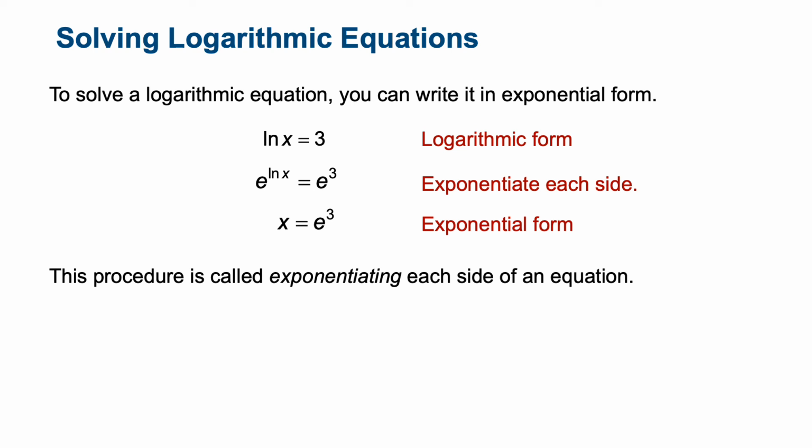You could also have just gone from logarithmic to exponential form, and if you recall, last semester I taught you how to do this. If you remember how to do that and it's easier for you, go ahead and do that. Exponentiating each side is just another way to do it.